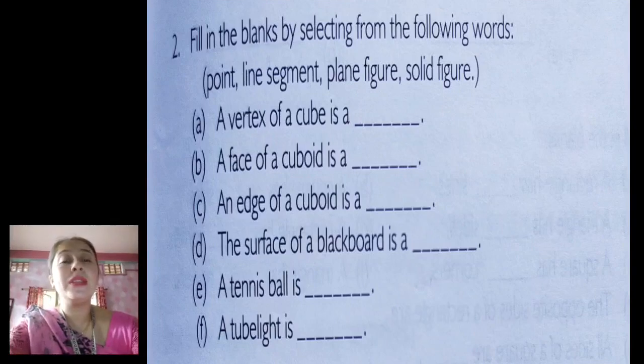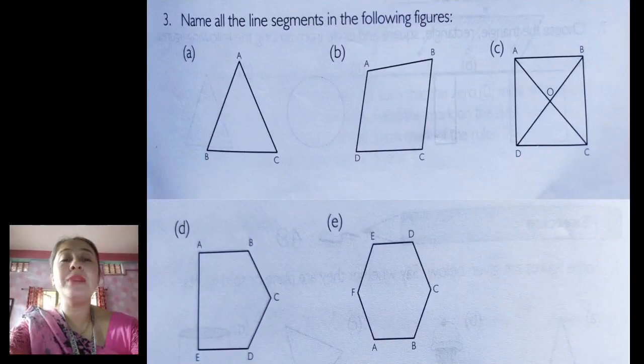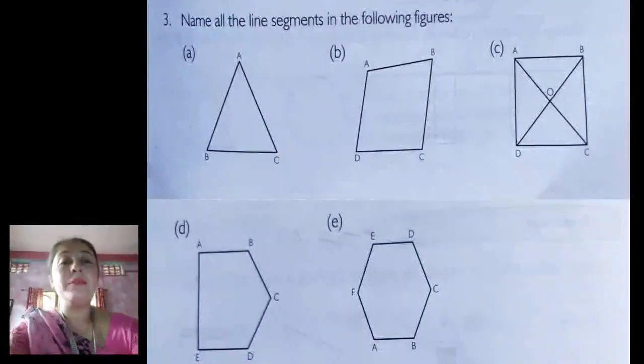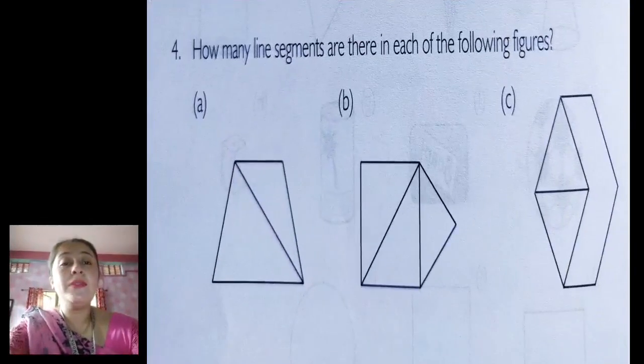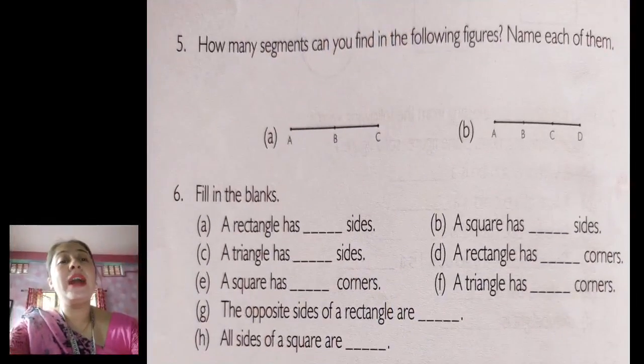You have to fill the blanks with the given words in the bracket. You have to name the line segment in number 3. In number 4, you have to count the line segments and write how many line segments are there in each figure. In number 5, you have to find how many line segments are there. And in 6, also you have to fill in the blanks.